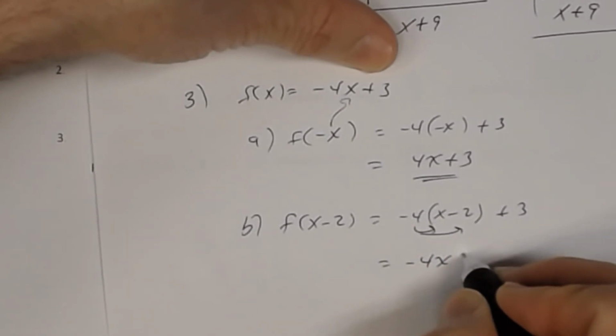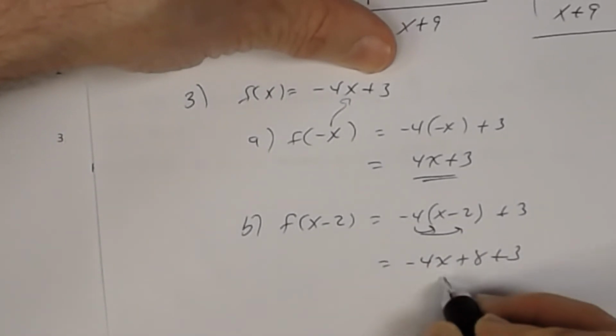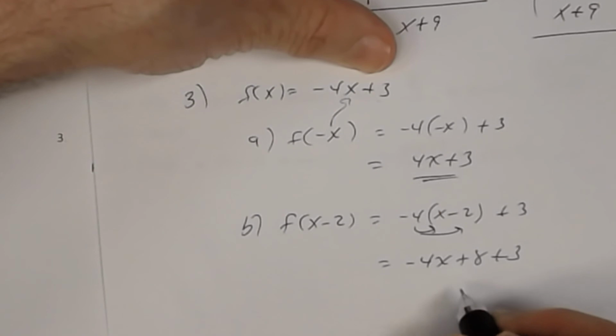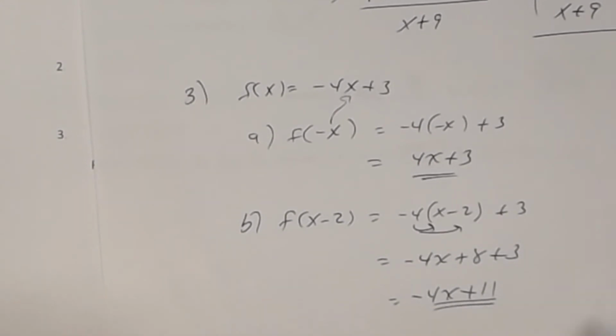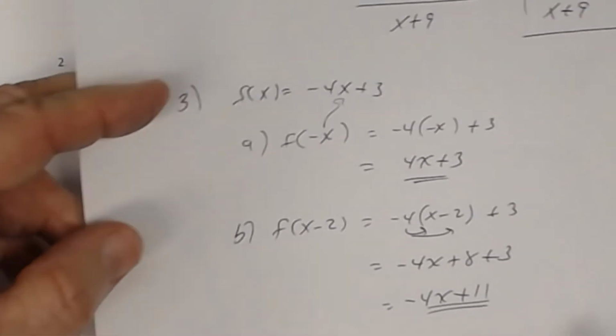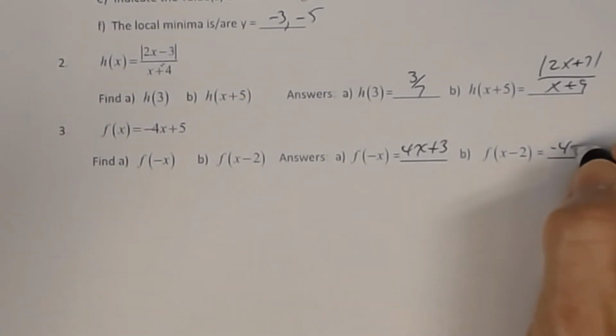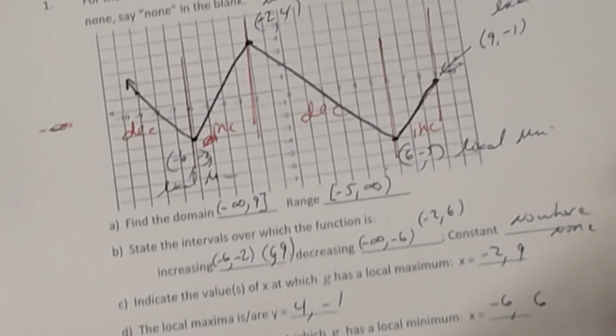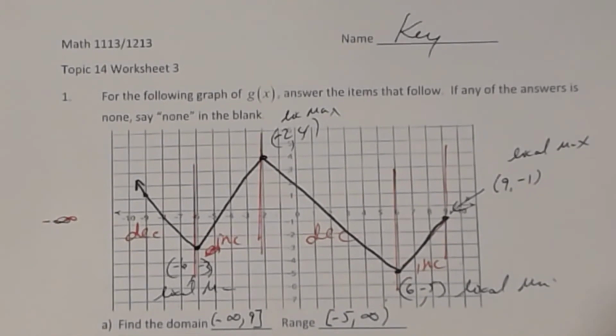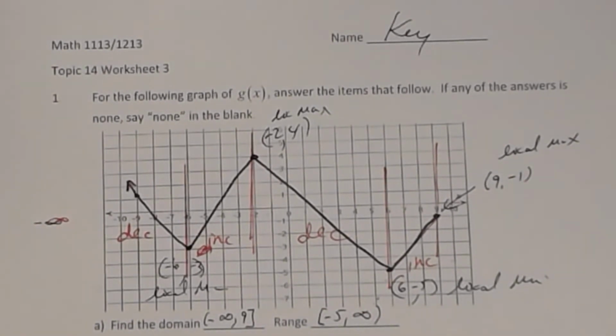Negative 4 times a negative 2 is a positive 8, plus 3. You are expected to simplify this, so this becomes negative 4x plus 11. So f of x minus 2 is equal to negative 4x plus 11. Okay, so that's going to take care of worksheet 3 for topic 14.